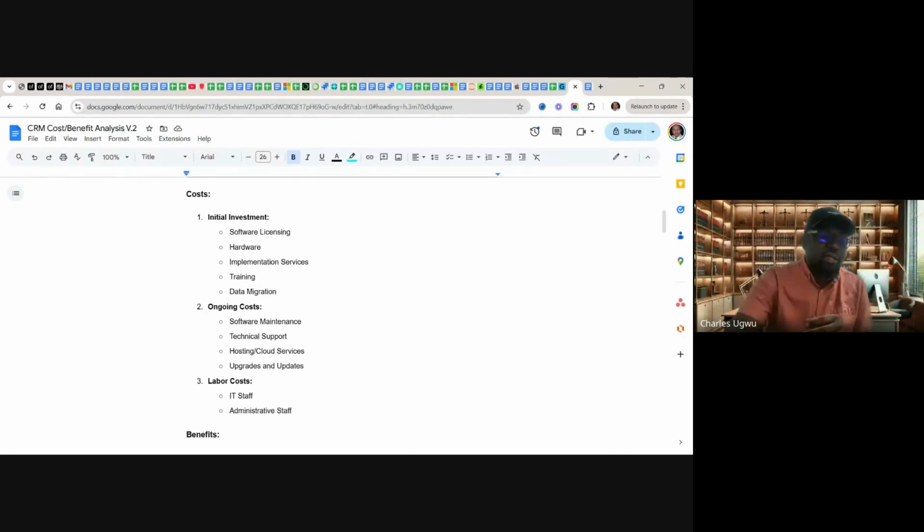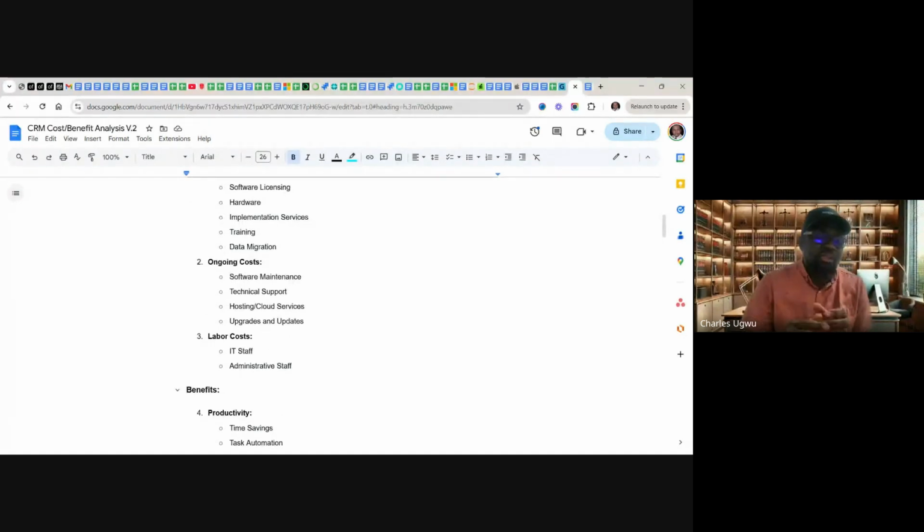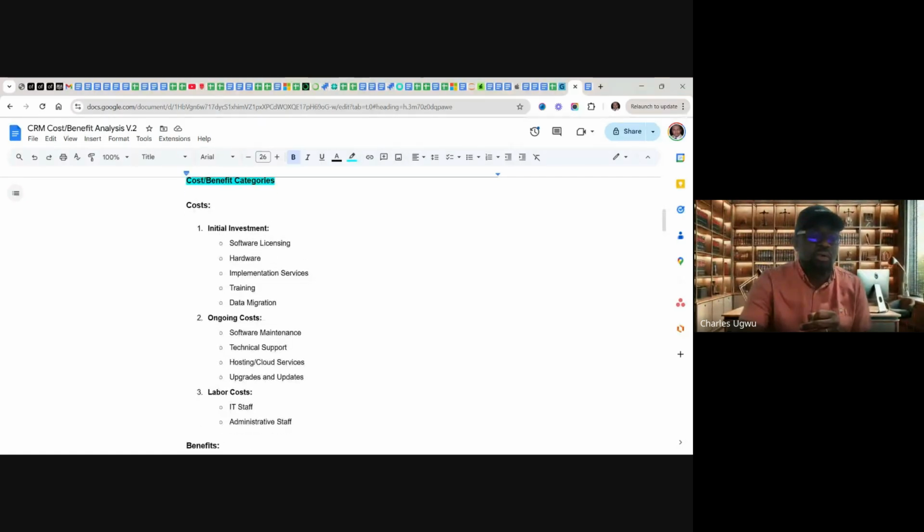Then we have IT staff, that is labor costs. Even if you are outsourcing this, you must still have internal staff in charge of IT, and admin staff working within this environment. You need to pay all of them. This is part of the cost when we are implementing something like this.